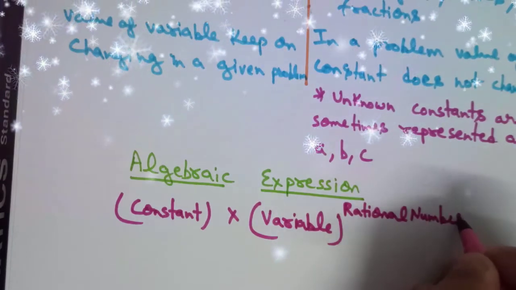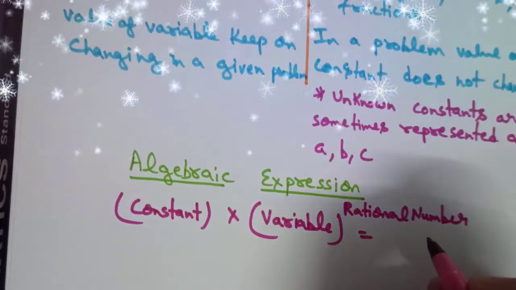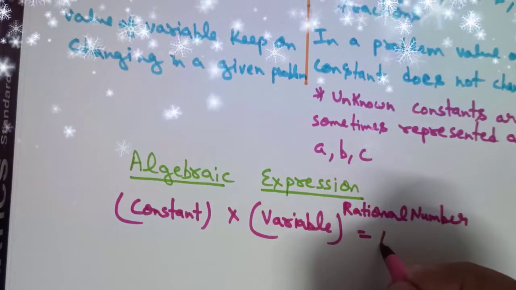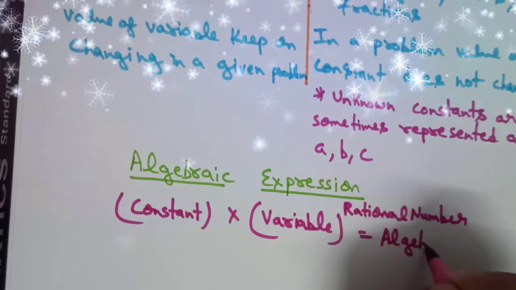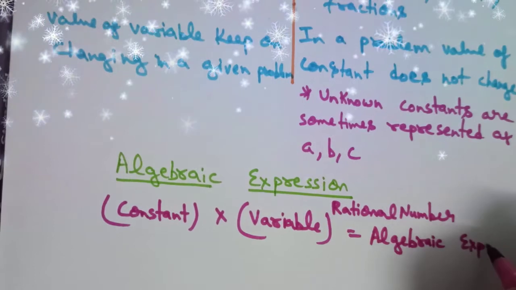An algebraic expression is equal to the product of a constant and a variable raised to a rational power. This is an algebraic expression.